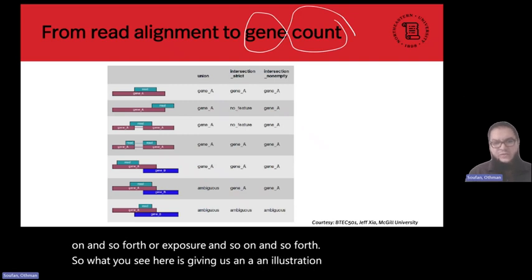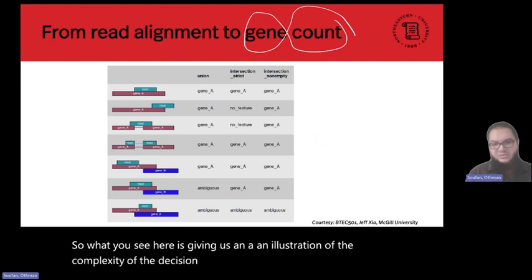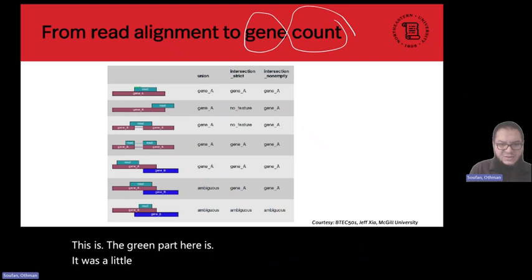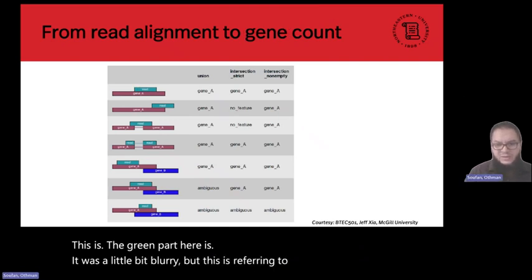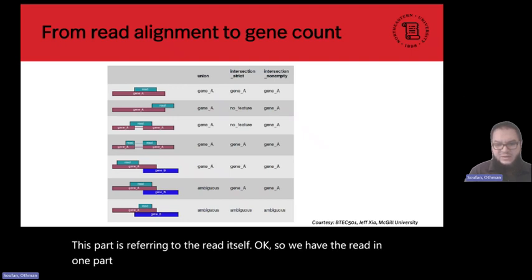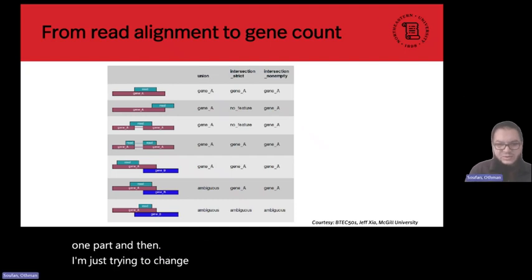illustration of the complexity of the decision in terms of mapping. The green part here is a little bit blurry, but this is referring to the read itself. So we have the read in one part, and I'm just trying to change the color here.